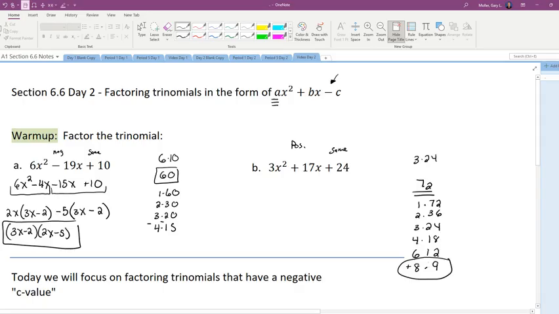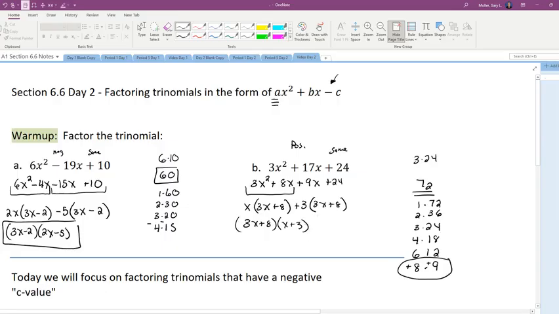Signs are both positive. 3x squared plus 8x plus 9x plus 24. Factor by grouping, can only do the x. x times 3x plus 8. Can factor out a 3, positive 3, giving me 3x plus 8. 3x plus 8 times x plus 3.